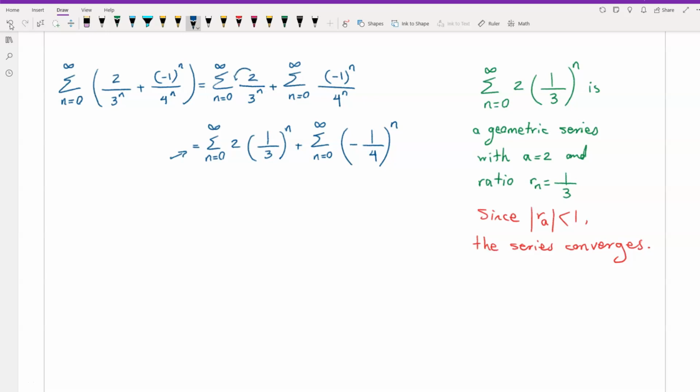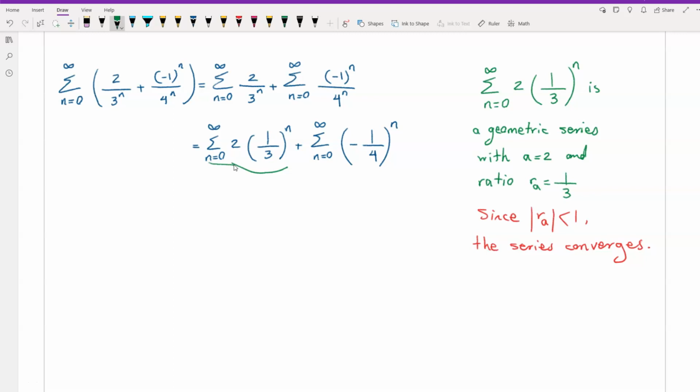I moved the 2 outside and used 2 times 1/3, where the numerator is 1 and the denominator is 3, and use this power for both. Plus the same thing for the second part: we have n and n, the same power, so use that power for numerator and denominator. We have negative 1/4 to the n power.